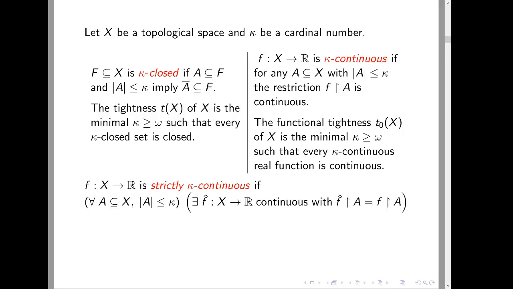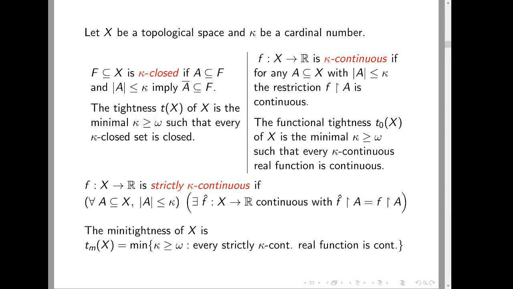A function is called strictly kappa-continuous if not only its restriction to a small set is continuous, but for any small set, there is a continuous extension of this function to the whole space. So this is a stronger notion, and the weak functional tightness of the space is the minimal infinite cardinal number such that every strictly kappa-continuous function is continuous.